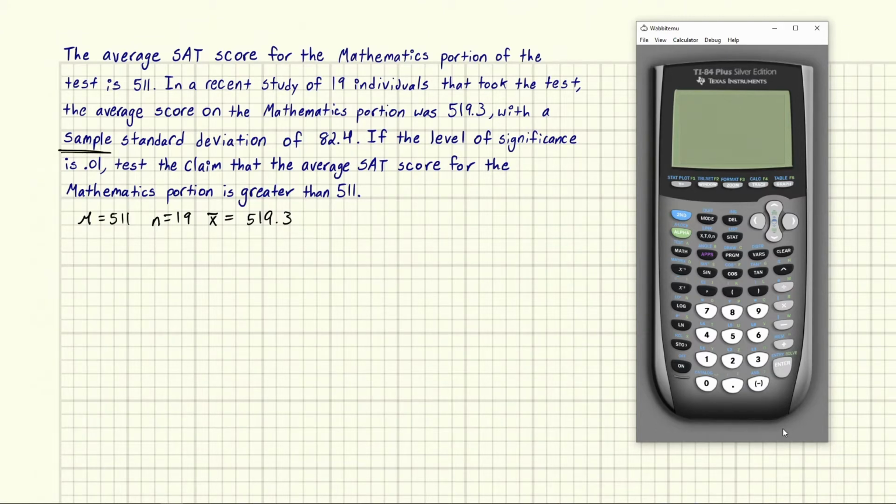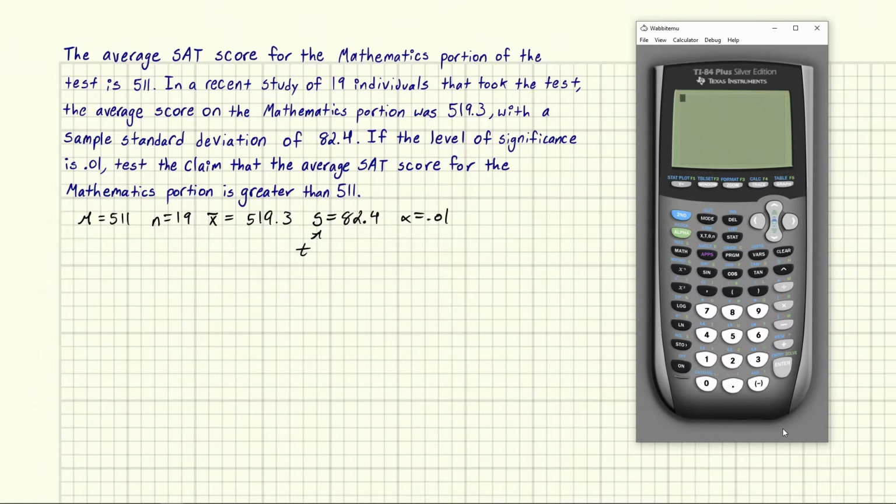Keyword here, we're using a sample, so that's going to be s, not sigma, and that's going to be 82.4. And because we're doing a sample standard deviation, this will be a t-score. If the level of significance is 0.01, that's pretty easy, that's just alpha is 0.01.